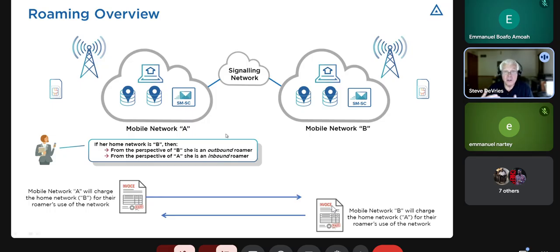So those are just two terms: an inbound roamer and an outbound roamer. Now, we mentioned this earlier, but mobile network A will charge B, her home network, for using this service. How much do they charge? They negotiate that.